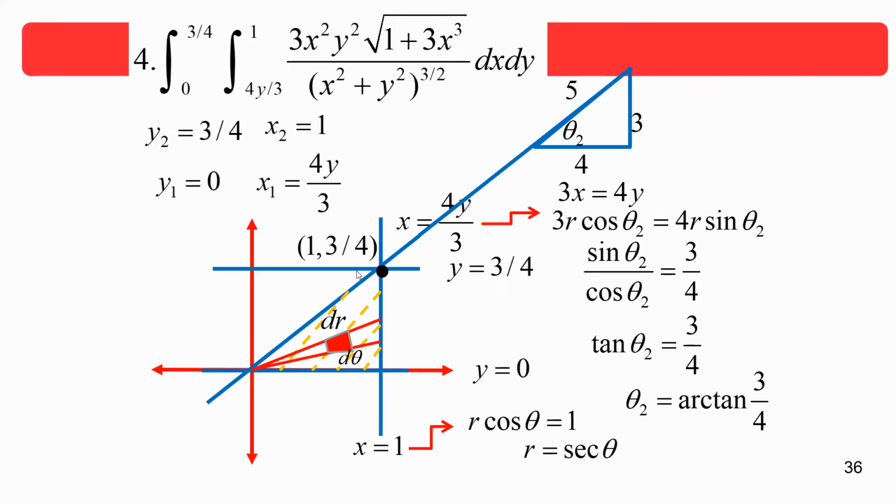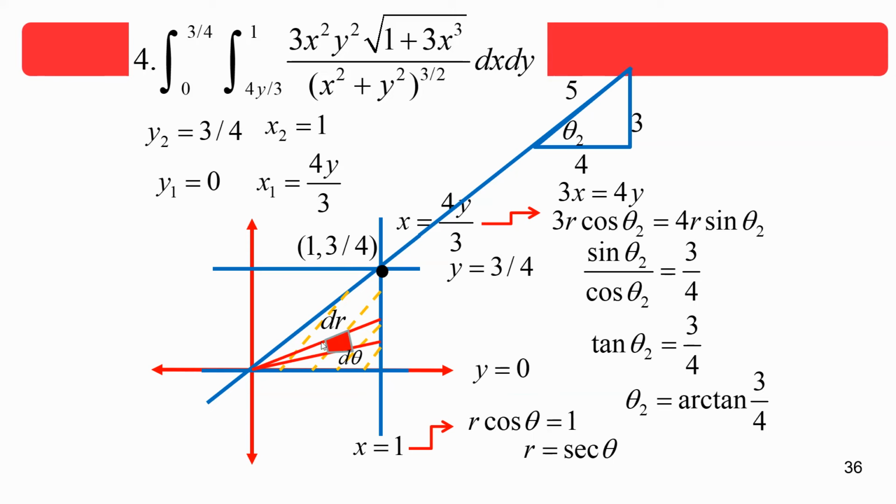So let's draw this. When drawn, it's like this. It's a line up to x equals 1, so x equals 1, and then 0 to 3/4. This one is the intersection, 1 and 3/4. It's the lower triangle.